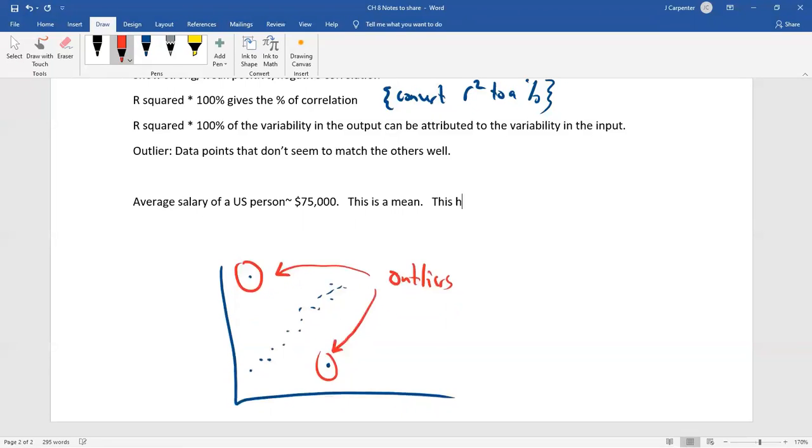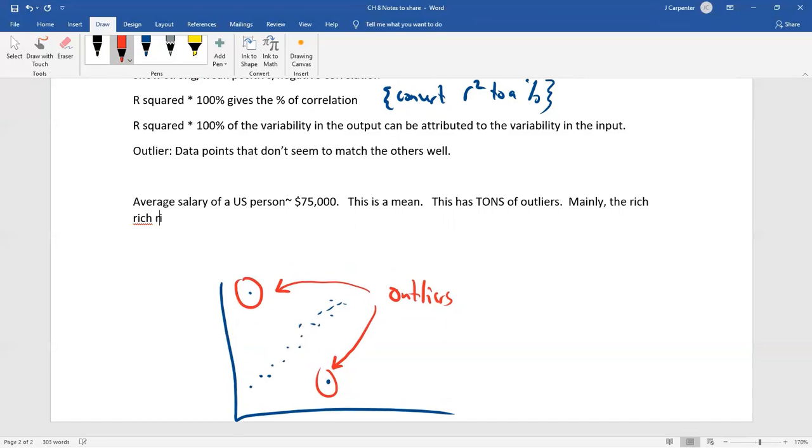This has tons of outliers, mainly rich people, the people that are making billions of dollars every year. These people make so much money that they throw off the average.